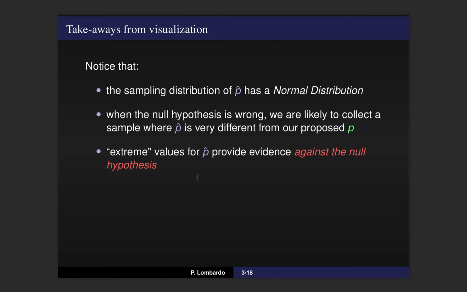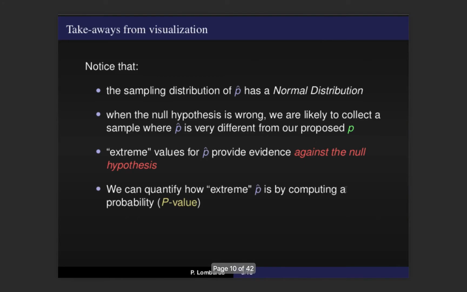Essentially, the way that we provide evidence against the null hypothesis is we hope to collect data that has extreme values for this p-hat, this sample percentage. If they're extreme, that provides evidence against the null hypothesis. Fundamentally, we measure how extreme it is: are we proving that the null hypothesis is false beyond a reasonable doubt? We measure how extreme a sample percentage is by computing a p-value. This is exactly what we did when we were doing hypothesis testing for means.